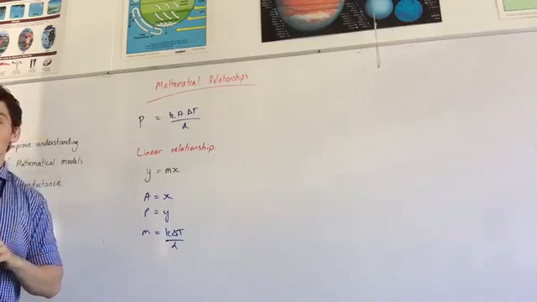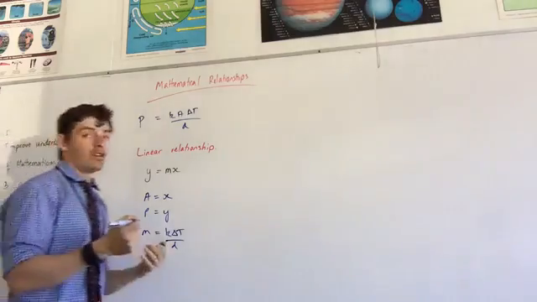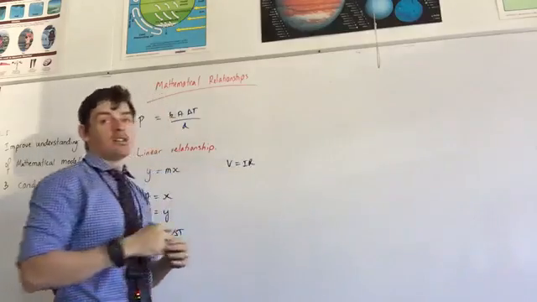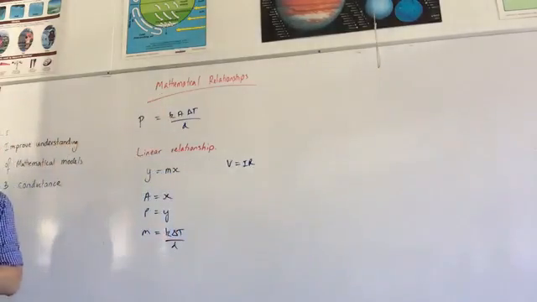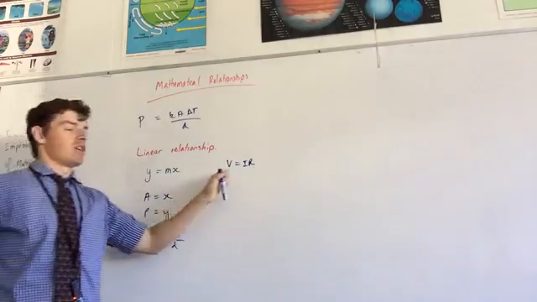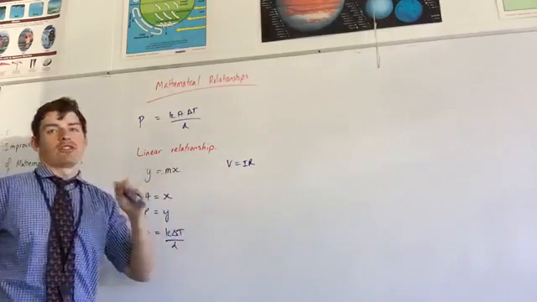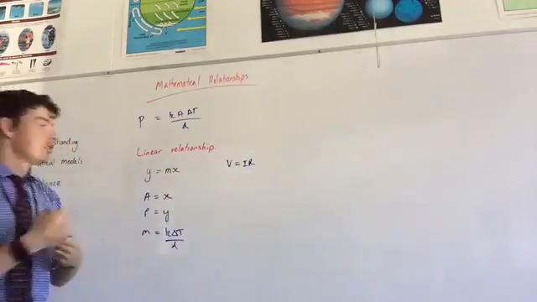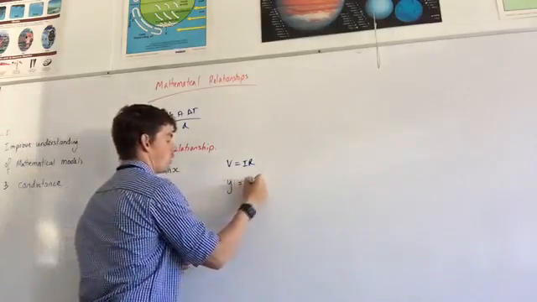Are we clear? We used an example earlier in the term where we had V equals IR. I'm just going to assume V was the y, not the other way around, because we did have it the other way around. But let's assume V was the y. So I was my x.